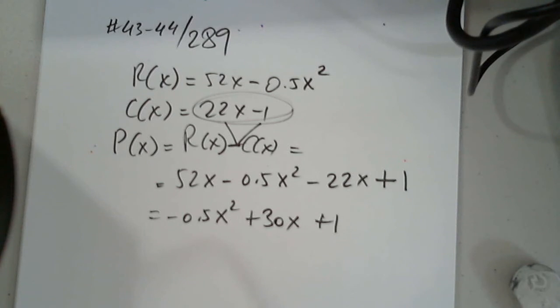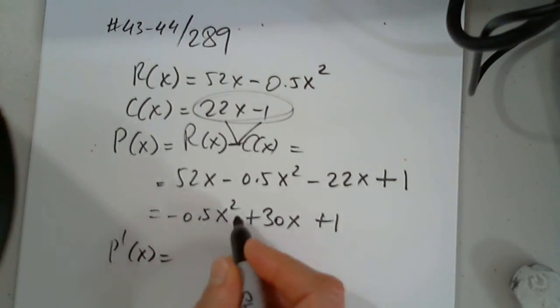I want to maximize it. I want to find its max, min, whatever I need to do. So how do I determine the maximum or the minimum? What will be the next step? Derivative of the profit function.